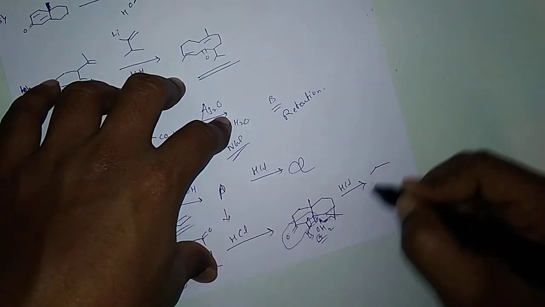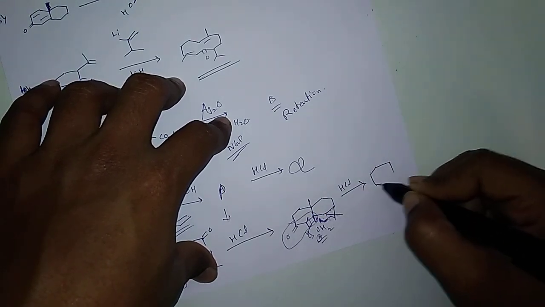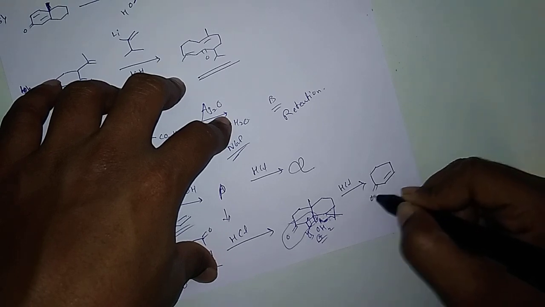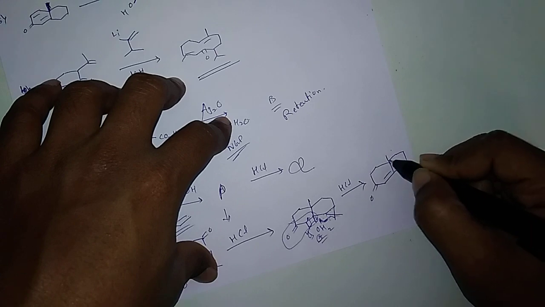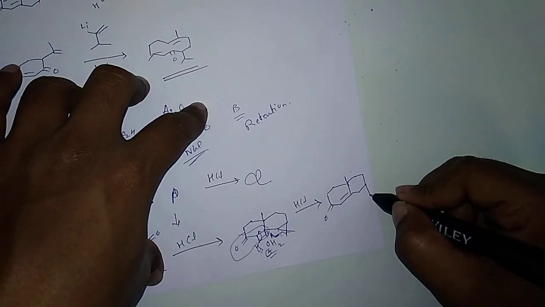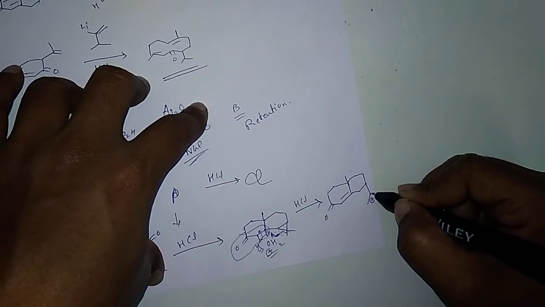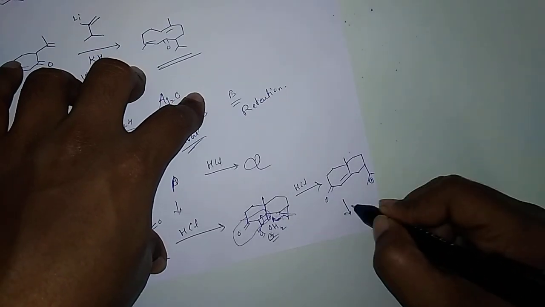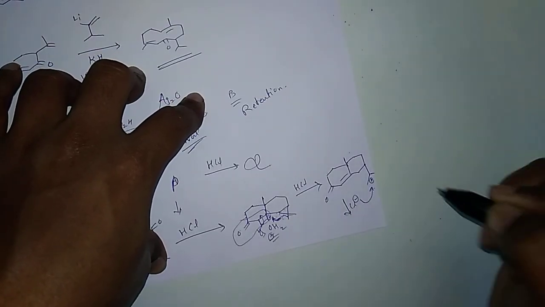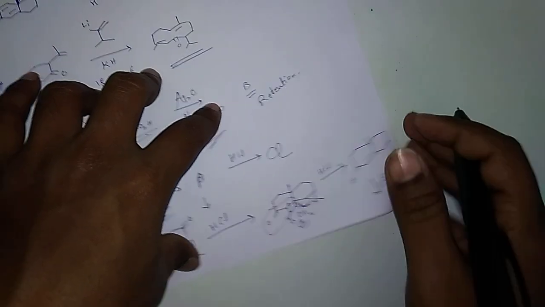And so see, you're getting this kind of an intermediate one more, because this tertiary cation is going to be very much stable, and then your coming Cl minus would go on there. So finally the final product would be, sorry, I'll write it on the next paper.